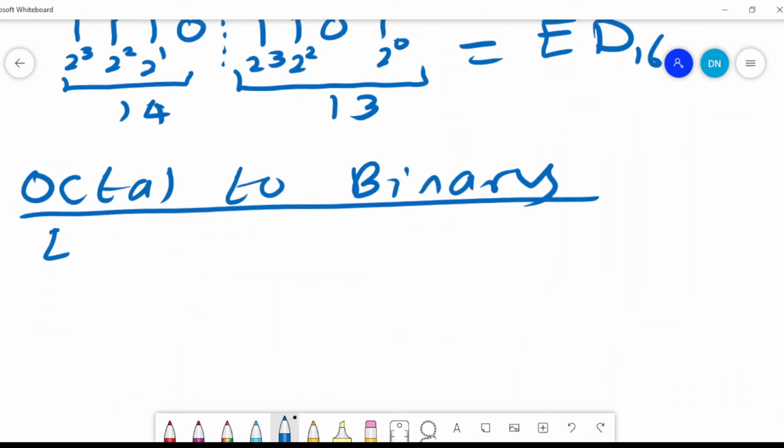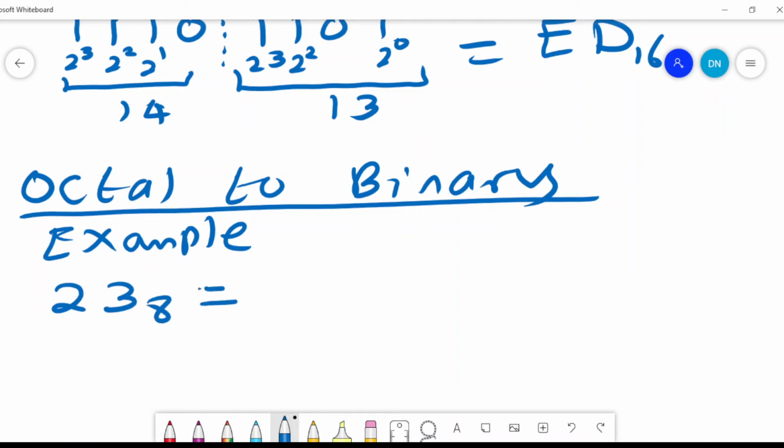And I have an example of a number, like 23 to base 8. So what we do is we separate this into bits. Remember, it's 2 to power 0, 2 to power 1, 2 to power 2, 2 to power 3.